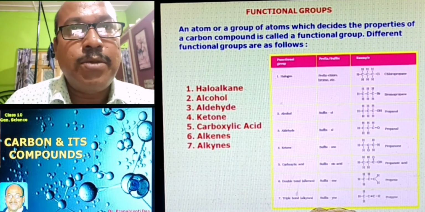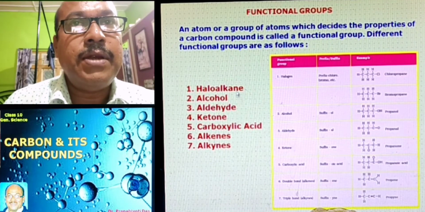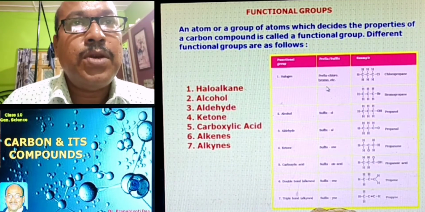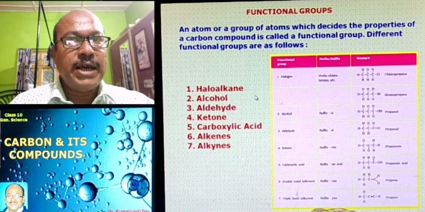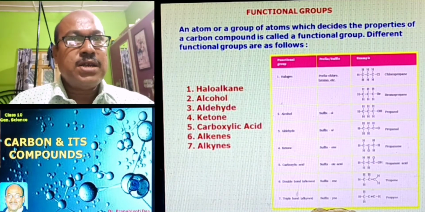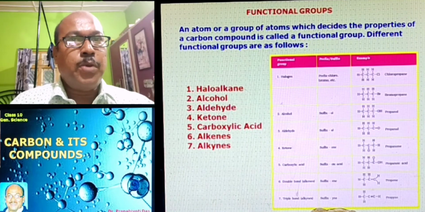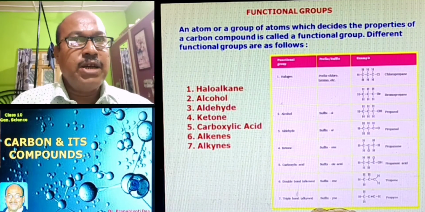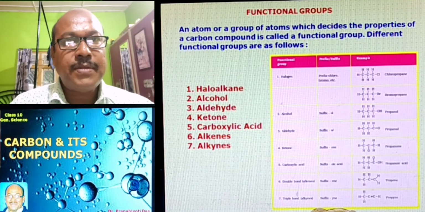I have to go back to this one again, so I want to help you here. If a halogen comes to a normal hydrocarbon, suppose chlorine comes to ethane, it will become chloroethane. If bromine comes, bromoethane. Iodine, iodoethane. Fluorine, fluoroethane.